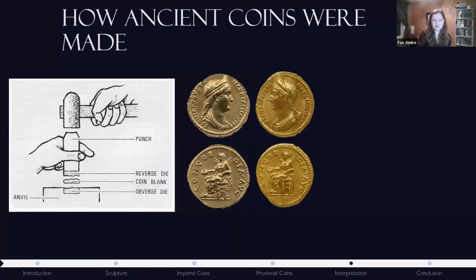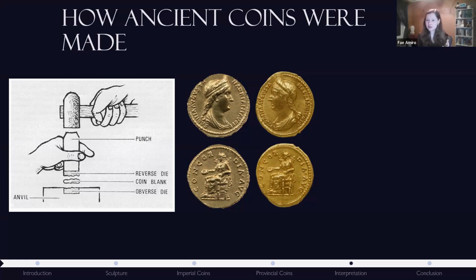To give you just a quick gist of how it worked, ancient coins are made by striking a blank piece of metal between two dies. These dies are hand carved, so even when they have the same design, the specific details of the types will still be identifiably different on different dies.